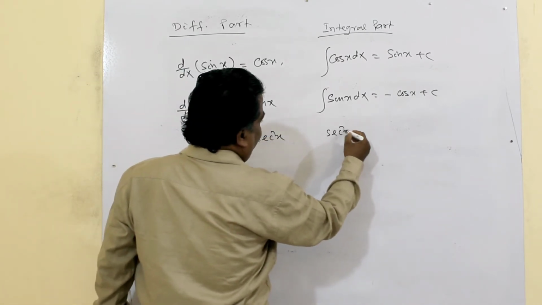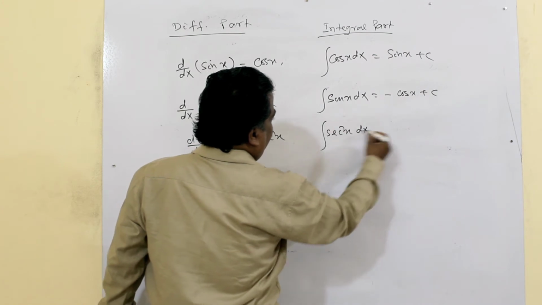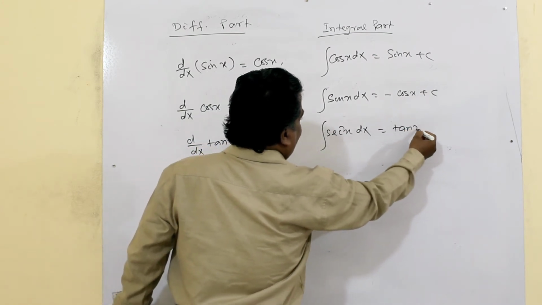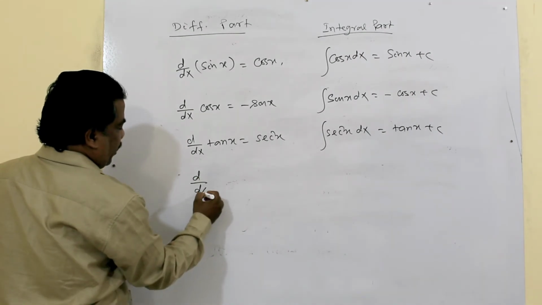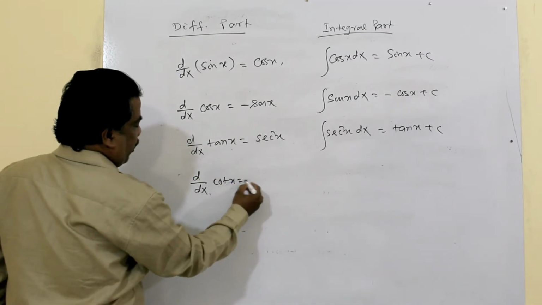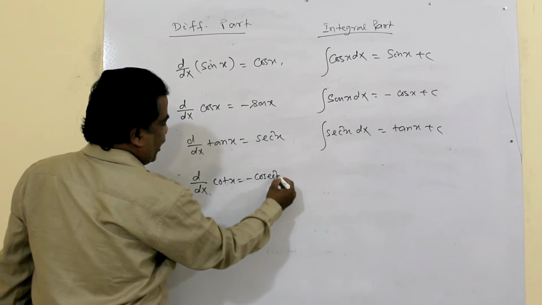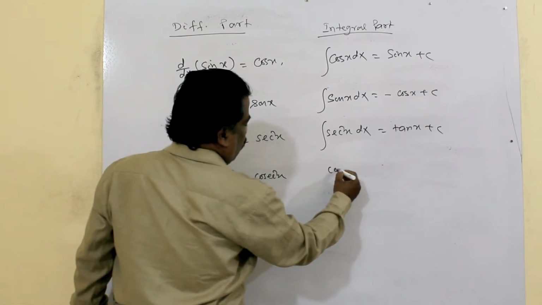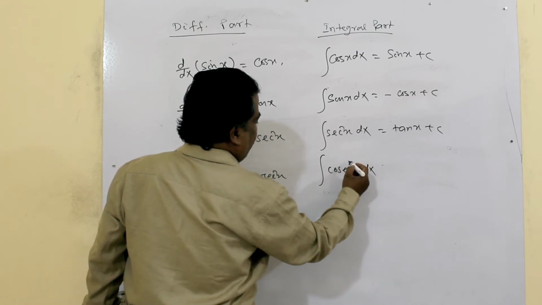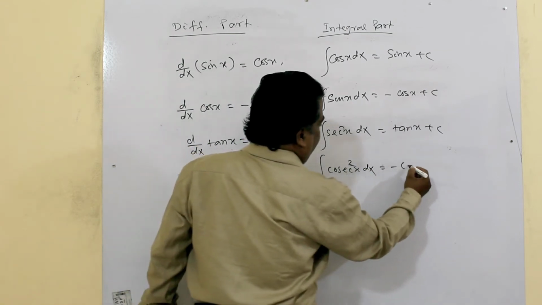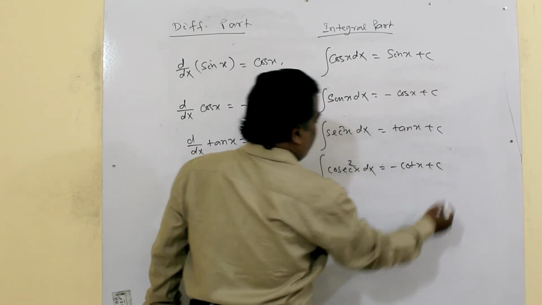So integral of sec square x dx is equal to tan x plus c. We know the derivative of cot x is minus cosec square x. So integral of cosec square x dx is equal to minus cot x plus c.